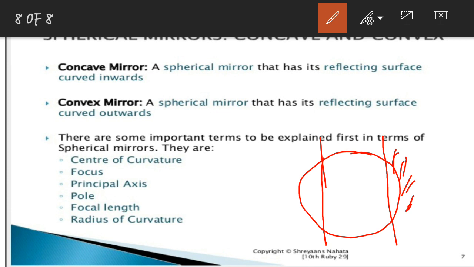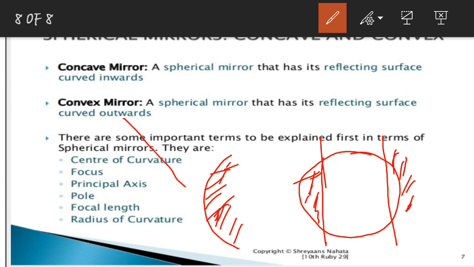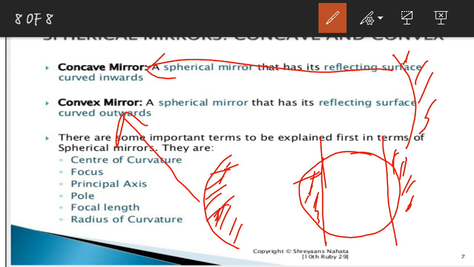From the same circle we use this other portion, and for a mirror it's compulsory that you draw these lines. So this will be a convex mirror, and in the same manner from this portion, if we are using it, this we call a concave mirror.